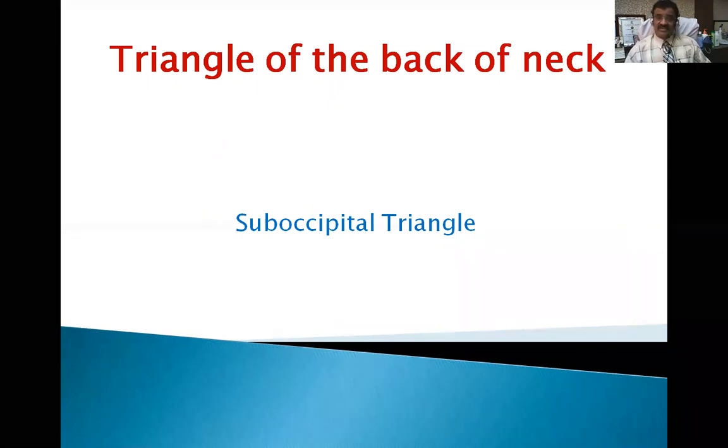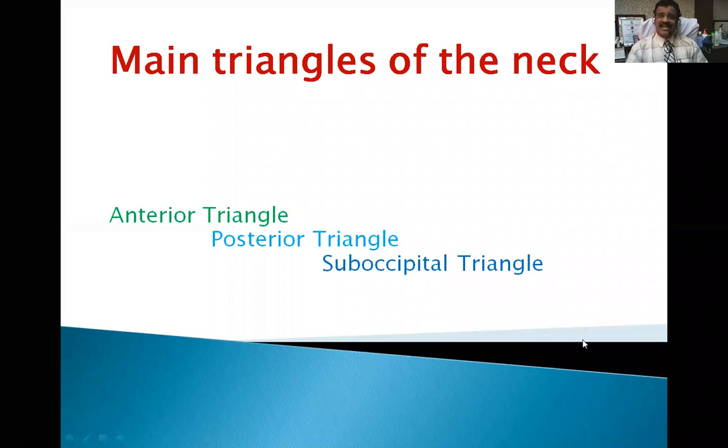So remember this, otherwise you will miss out this important triangle. A short note can be asked on suboccipital triangle as well. Now the main triangles of the neck are anterior triangle, posterior triangle, and suboccipital triangle. They are present on both sides of the neck. I think this is clear now.